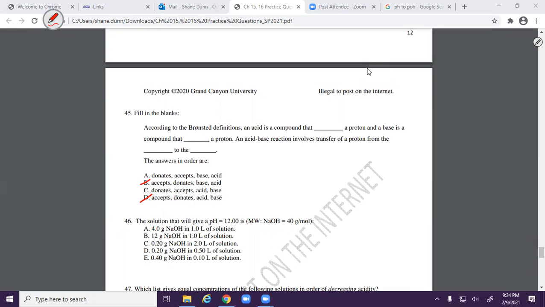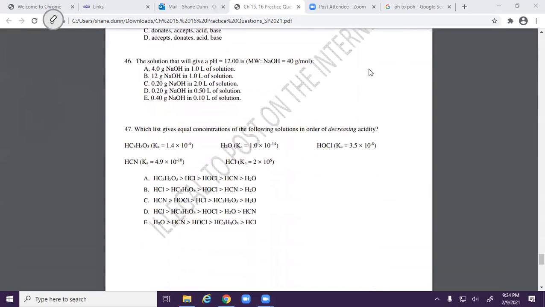And in an acid-base reaction, the proton travels from the what to the what? From the acid to the base, right? So if the acid donates and the base receives, it's acid, base, which is C. I like to ask those fill-in-the-blank questions like that.